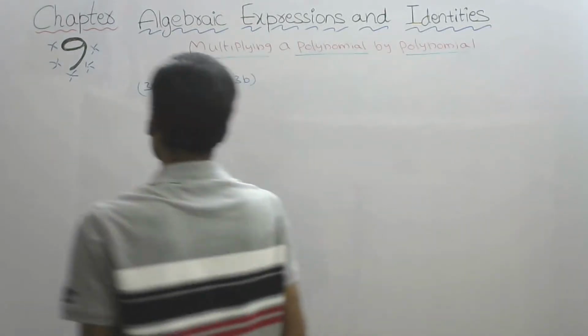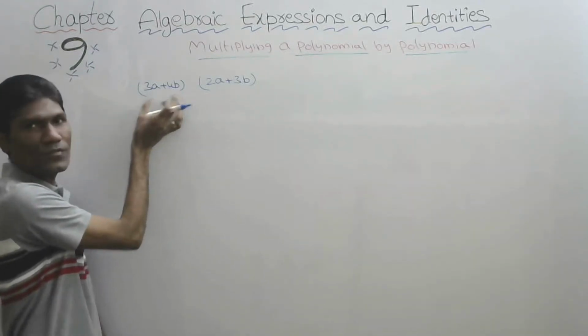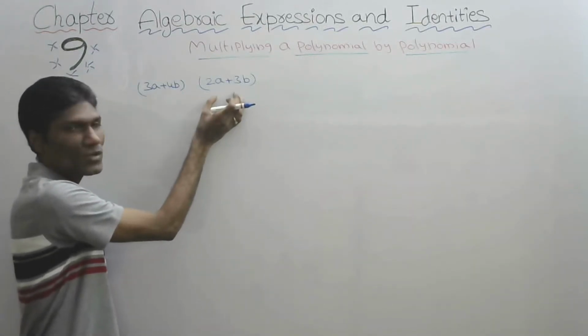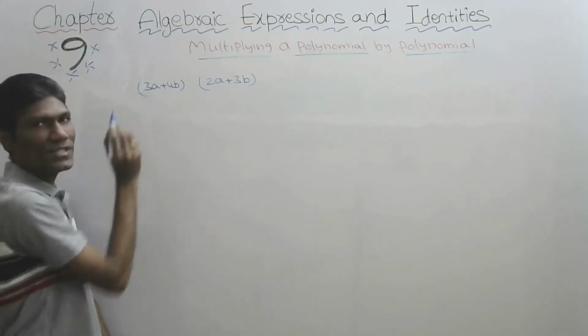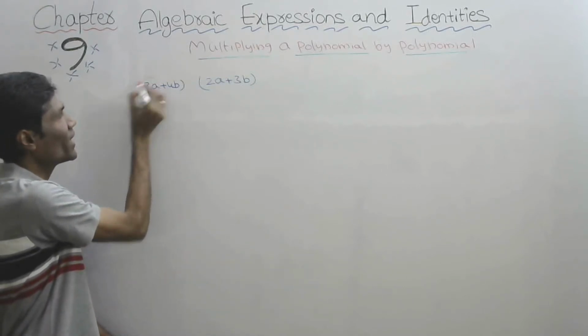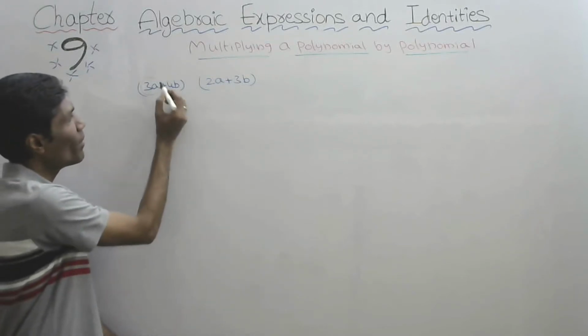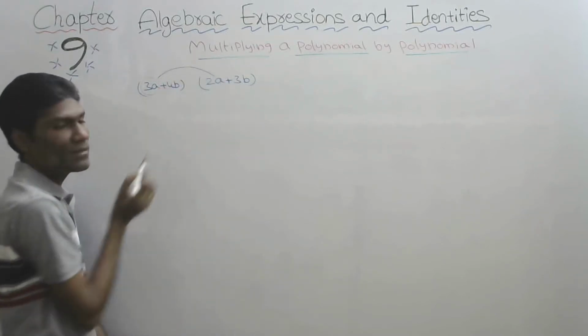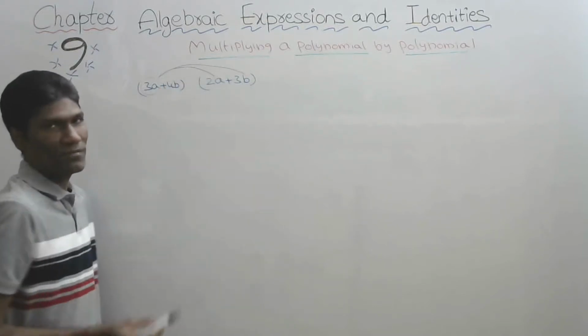Now see, this is having some terms. This is also having some terms. What we will do is take the first term. Say take this term 3a. We will be multiplying it with the first one, then we will be multiplying with the second one.